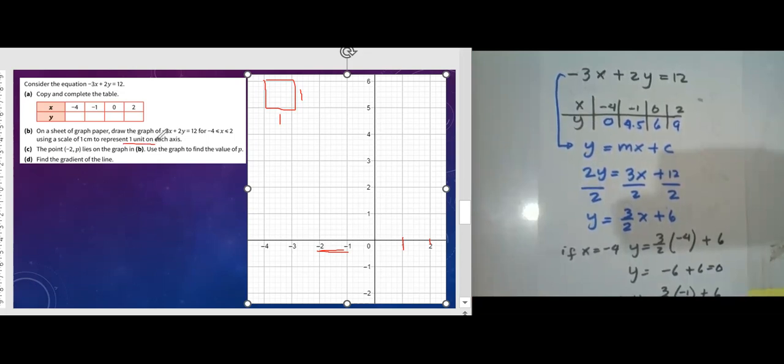So every one unit is 1 cm. Okay, hopefully that is clear. Next, from negative 4 to 2, meaning only the values of x from negative 4 until 2. So you don't need to consider values to the left of negative 4 and to the right of 2. Hopefully that one is clear.